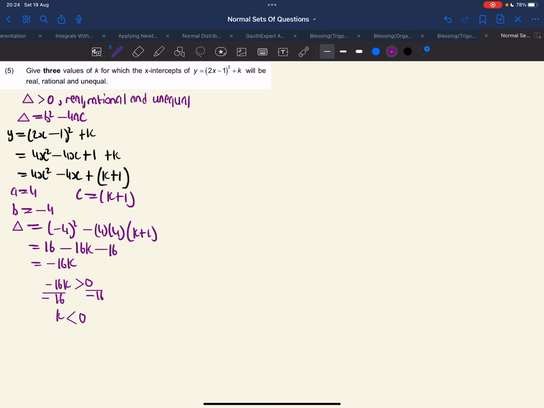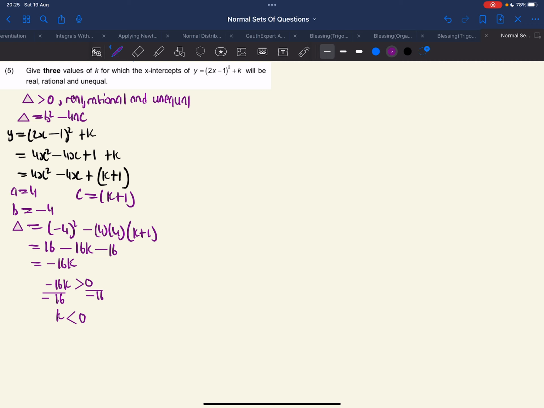Now, the way you can think of it, we can try doing trial and error. They say give three values for which the x-intercepts are real, rational, and unequal. We can try trial and error to see which three values of k work, because we have found that we need values less than 0, but those values must also give us roots which are real, rational, and unequal.